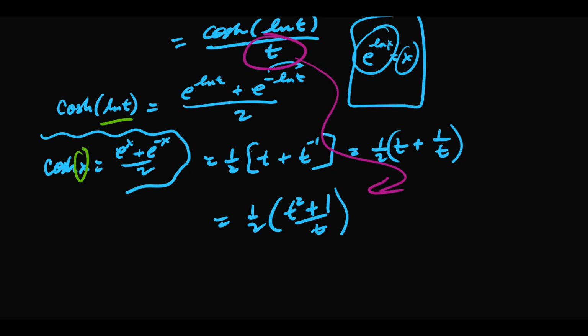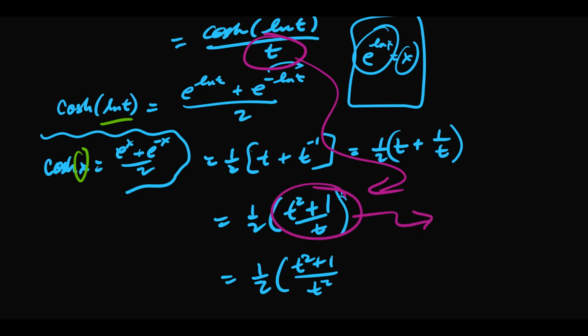So we're going to pull that one down, and so we get 1/2 times t squared plus 1 over t squared, because we're taking this fraction here and dividing it by t. So you go t squared plus 1 over t, and you divide by t. When you have a fraction over a denominator, you just combine the denominators.